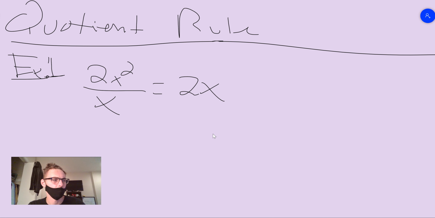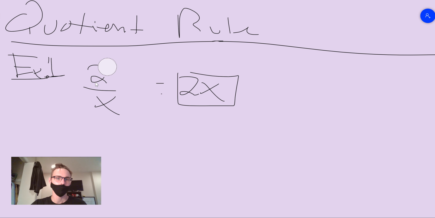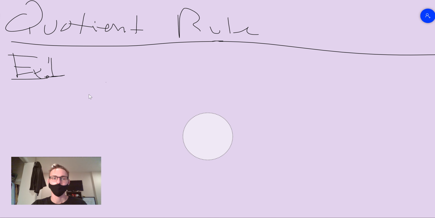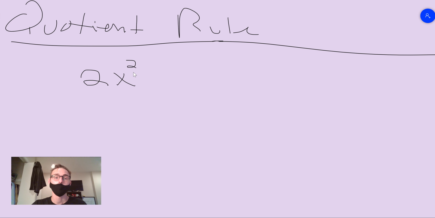I don't know if I said the product rule before, but you get the point. With 2x, you can take the derivative without using any weird formulas. So yeah, you don't need to do that.